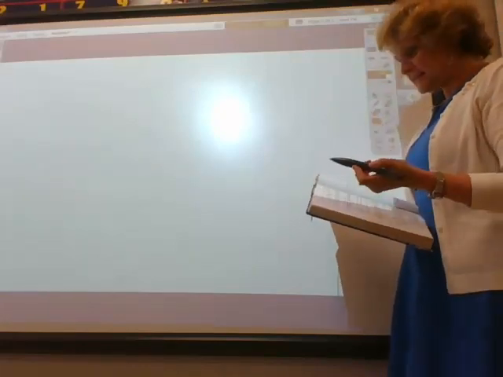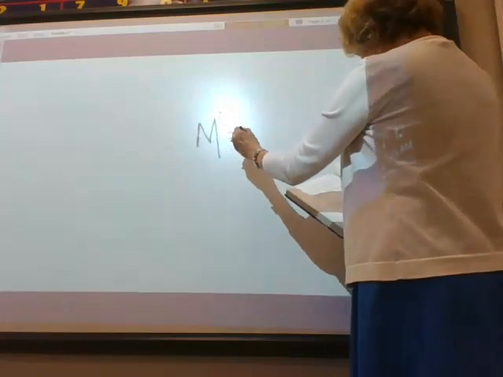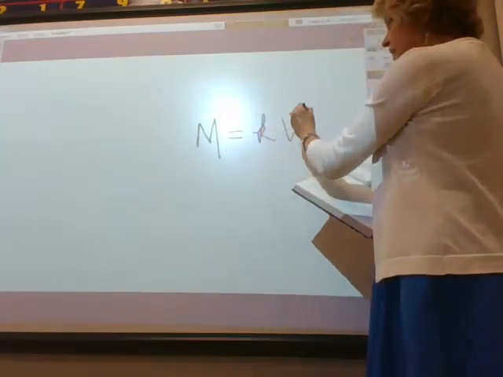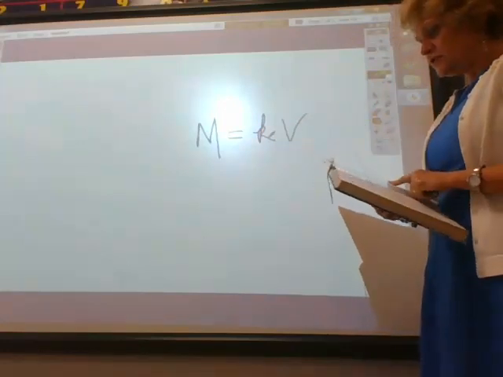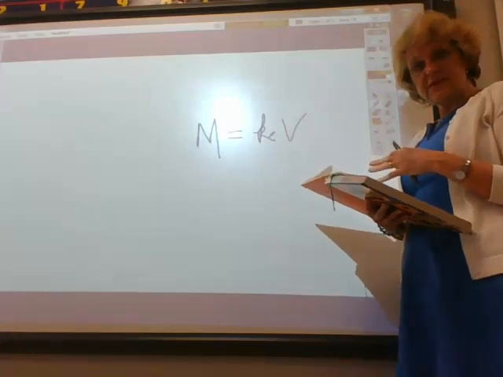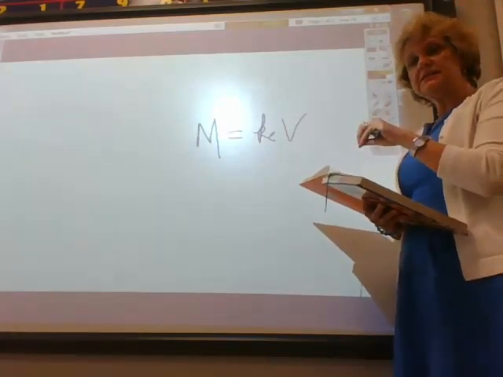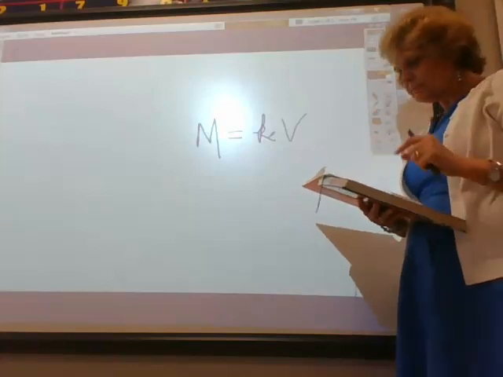So in this case, I'm going to write mass varies directly as the volume. Okay, so my constant times the volume. So what you're going to do then is plug in values that they give you, find the constant, and then use that constant with new values, okay?